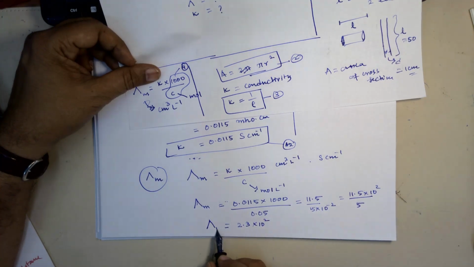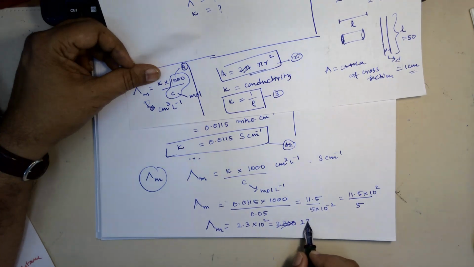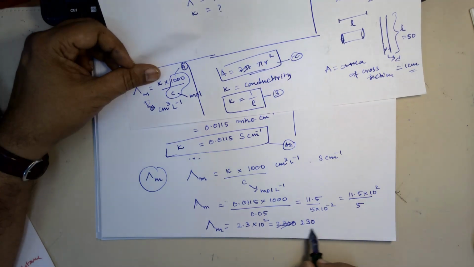Now this is the lambda m, and this can also be written as 230.0. Otherwise you can simply put 230.